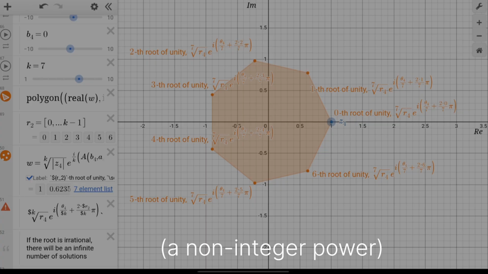But when we have an integer power, then we will have an even more multi-valued solution.